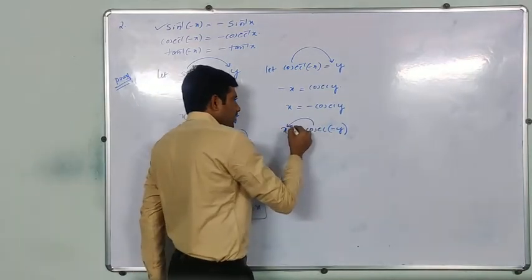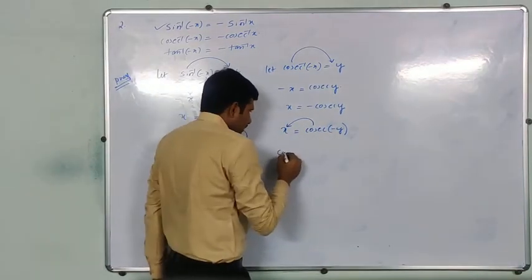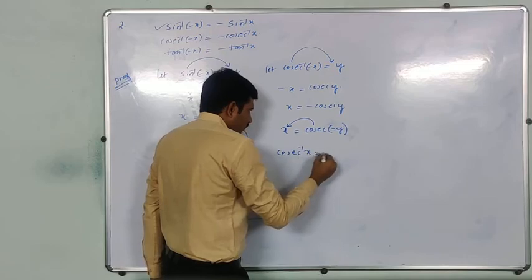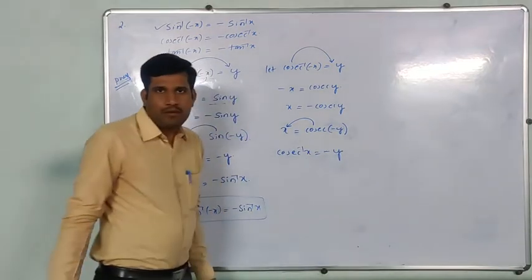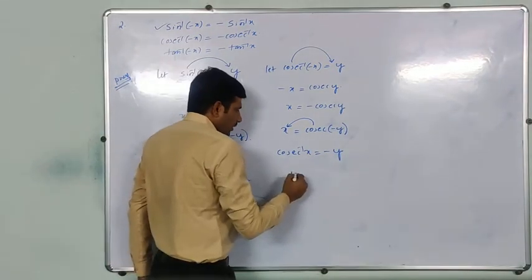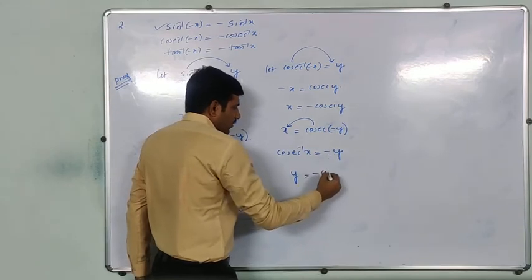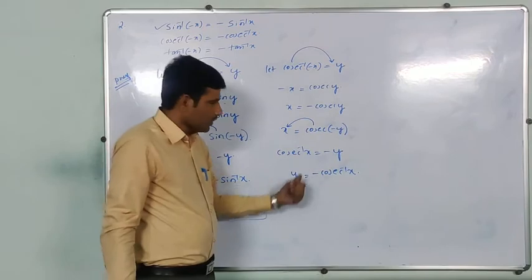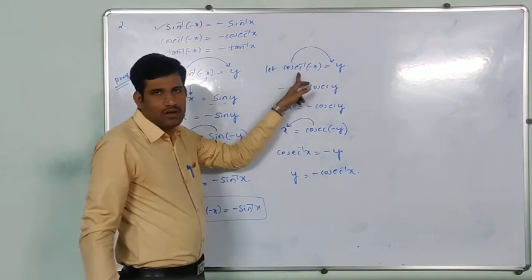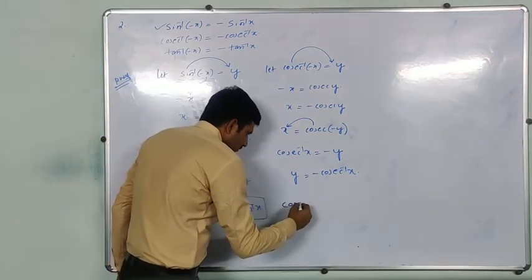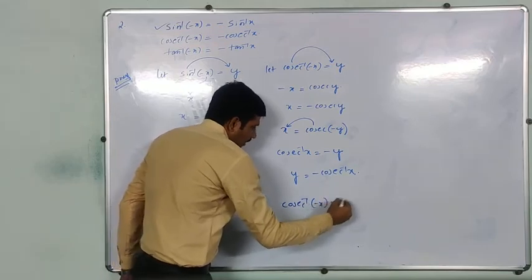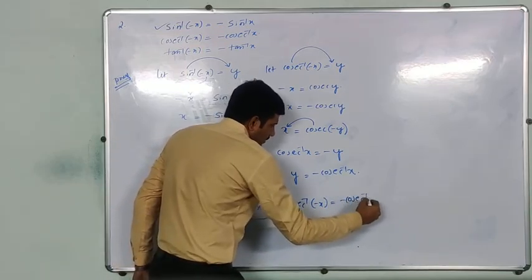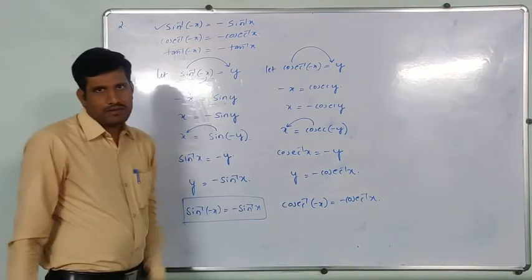Then take the cosec inverse here, so cosec inverse of x is equal to minus y. So what is y? Y is minus cosec inverse of x. And y is cosec inverse of minus x. So cosec inverse of minus x is equal to minus cosec inverse x.